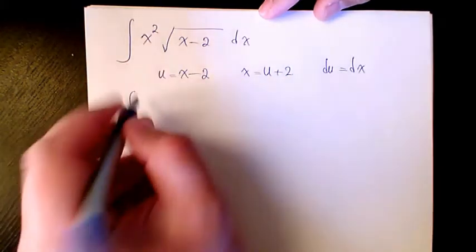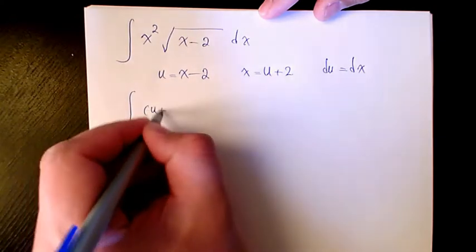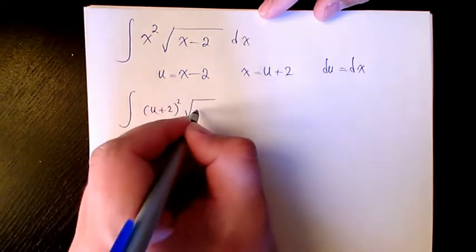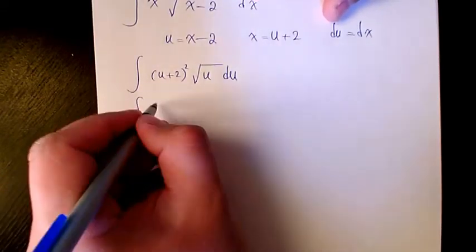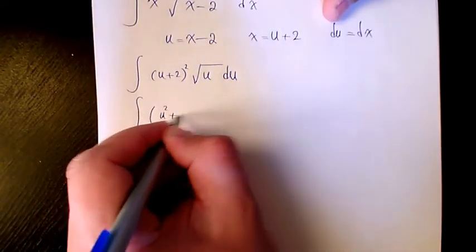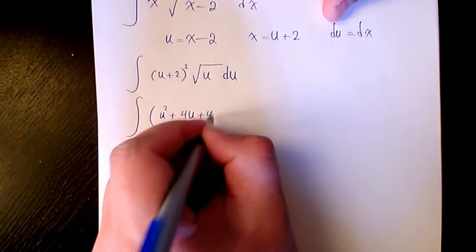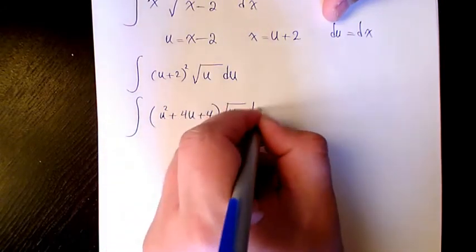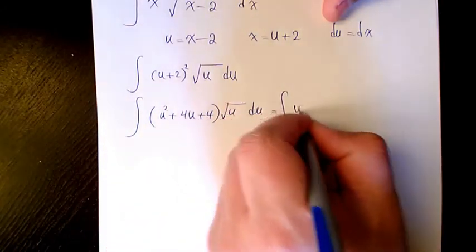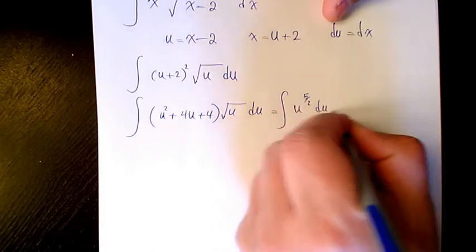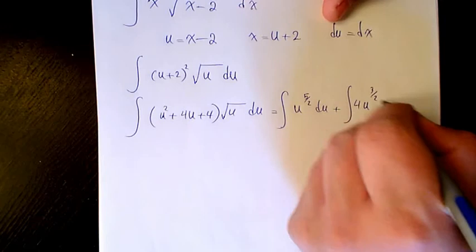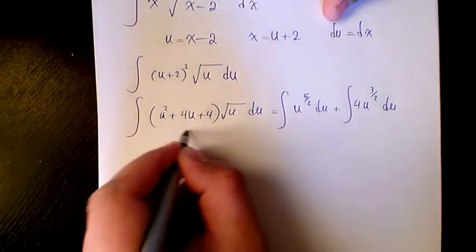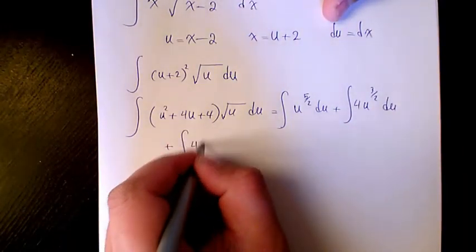So we have x as (u plus 2) to the power of 2, and here we have square root of u du. So that would be u squared plus 4u plus 4, times root u du.